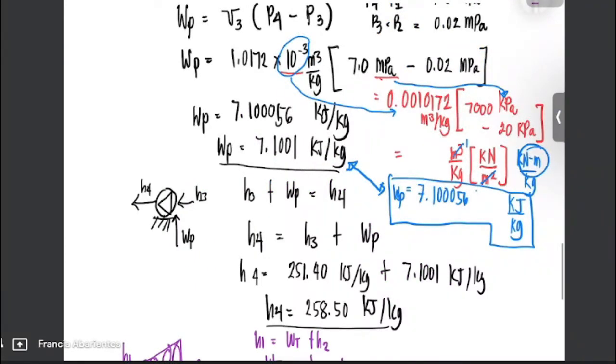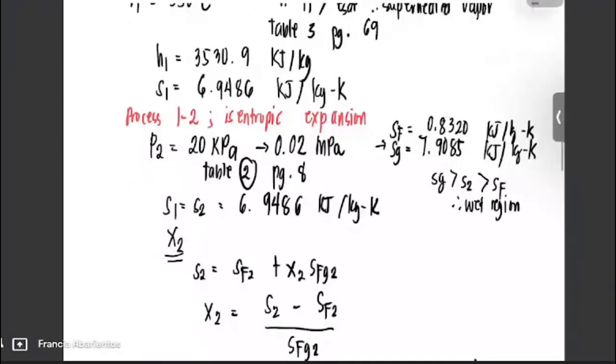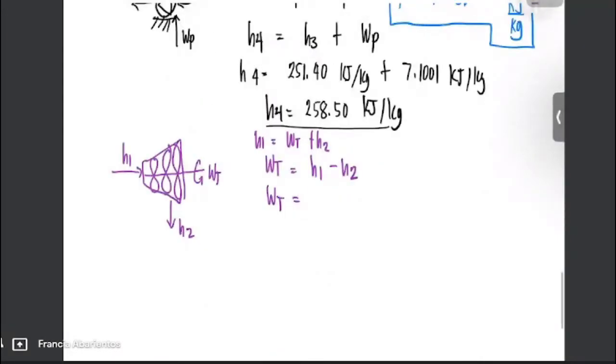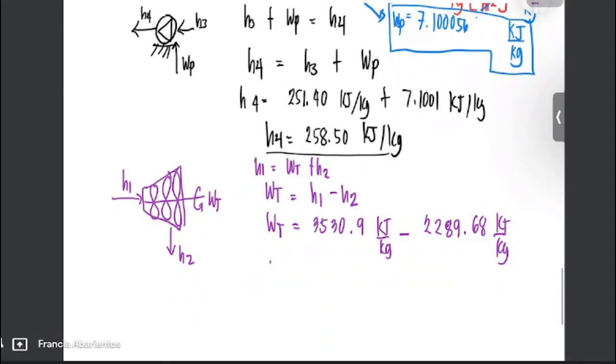Balikan natin. 3530.9. What is the H2? 2689. Check na natin. 0.68. So we have now the work of the turbine. What is now the work of the turbine?